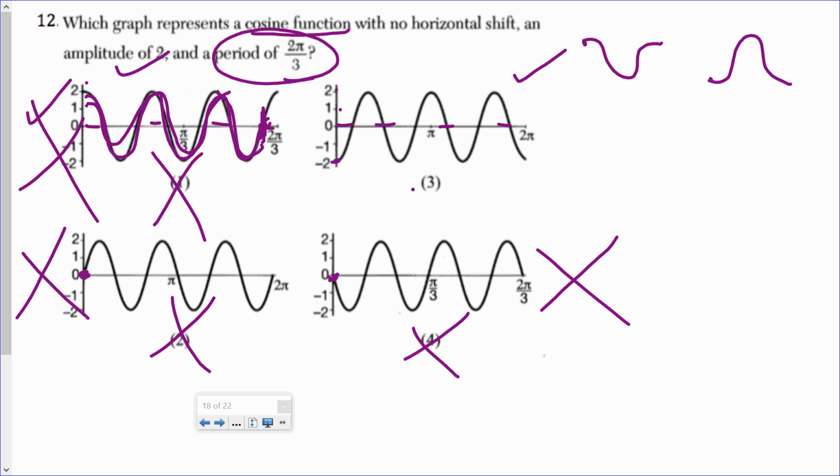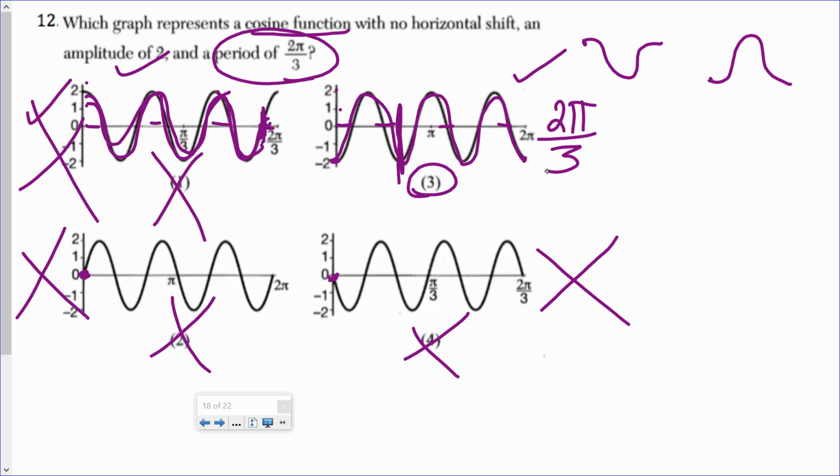We have our answer. Now, I don't see 2 pi over 3, but I know my period is going to be here. Now, there's two ways of looking at this. If there are 3 waves to 2 pi, then I would do 2 pi over 3 to find each wavelength.